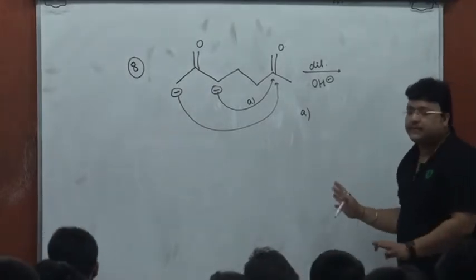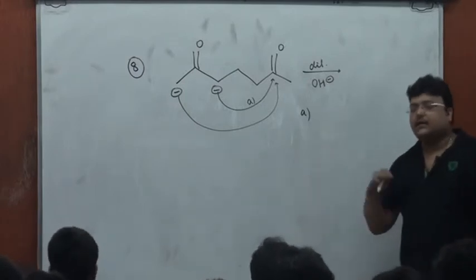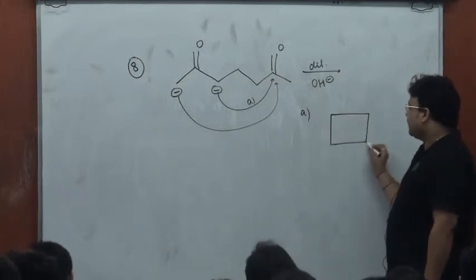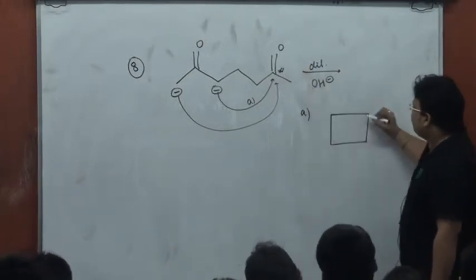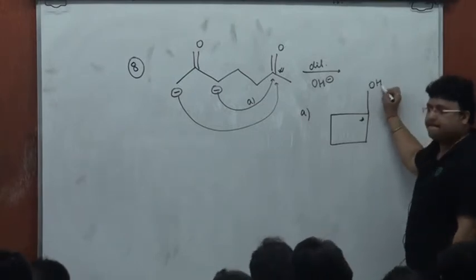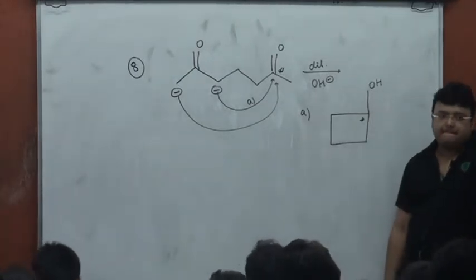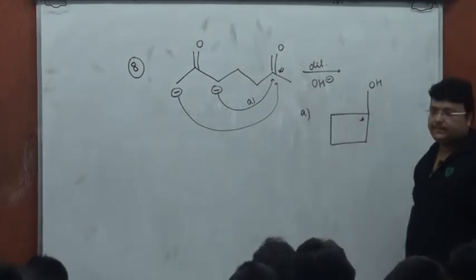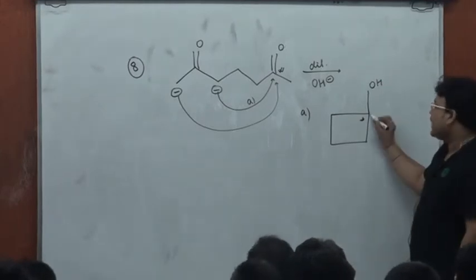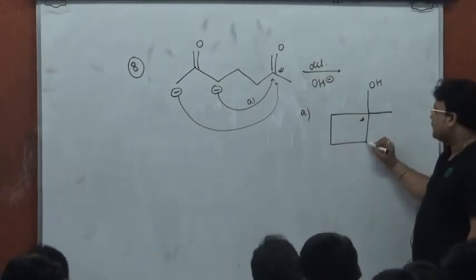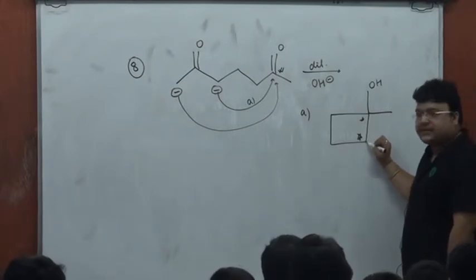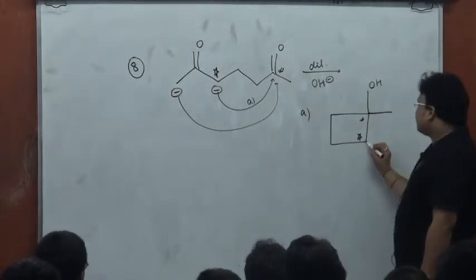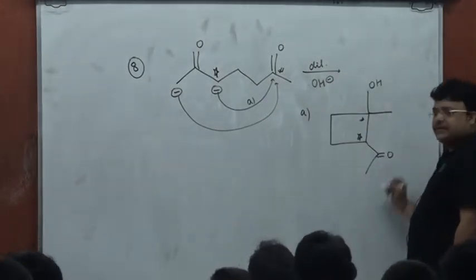Where yet again, if you keep things simple, if you draw the structures neatly and clearly, chances are you will end up with a 4-membered ring, where the carbon acting as the acceptor would mature to an OH group. You will need to have a methyl branching there, and if this is the carbon which has come and attached itself, might well be this carbon to which you will want to attach a C double bond O CH3.